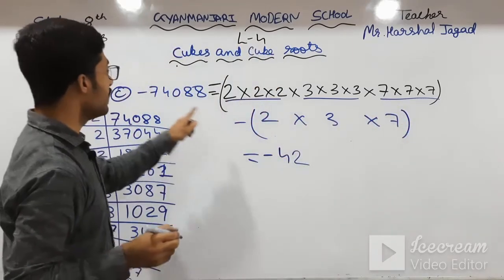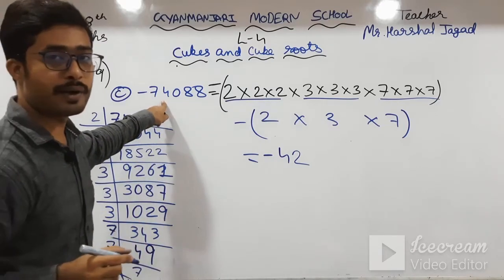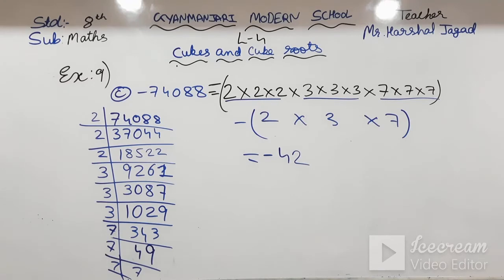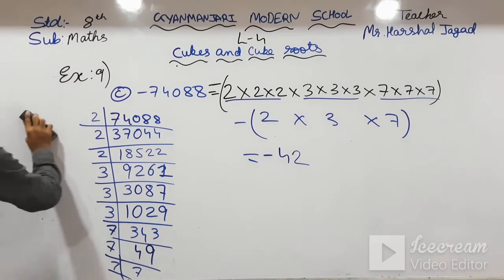So this is the cube of minus 42. Okay students, please note down this. Okay, D.